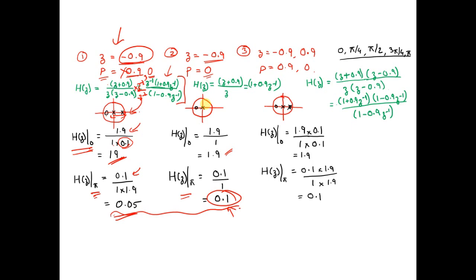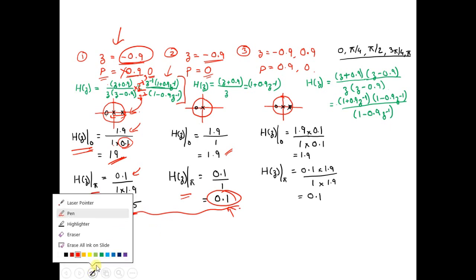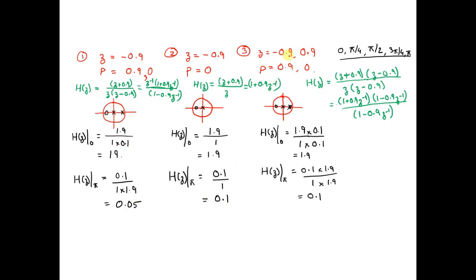When you put extra poles, the effect of the poles gets strengthened. When you put more zeros, the effect of the zeros gets more prominent in the frequency response. Now, in the third case, we have kept minus 0.9, 0.9.